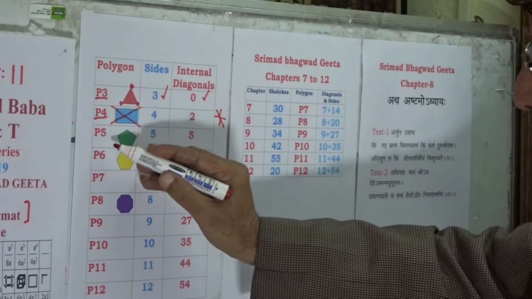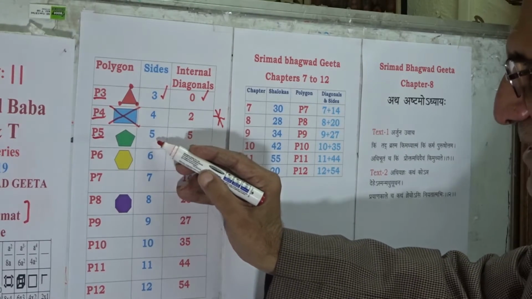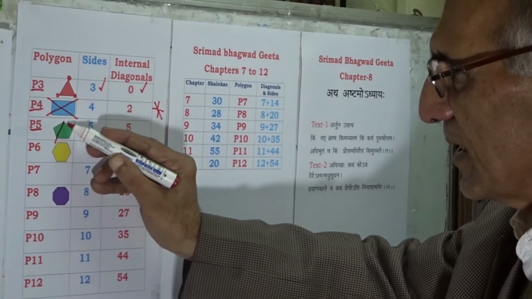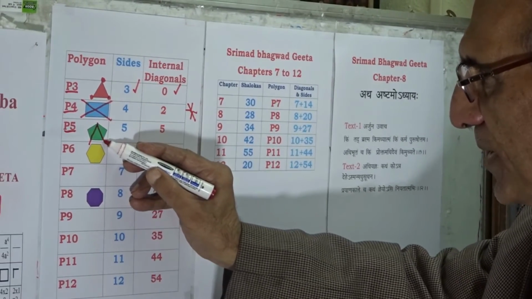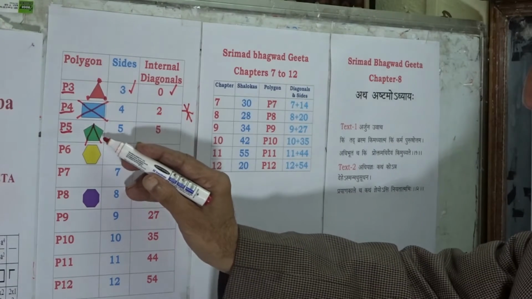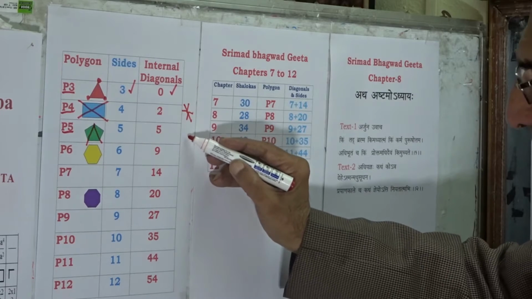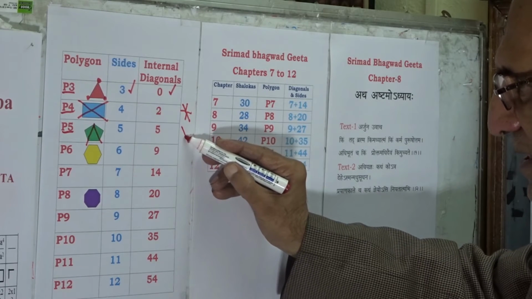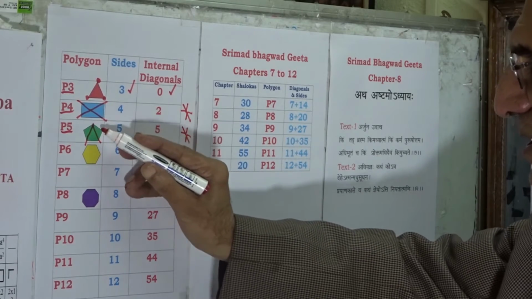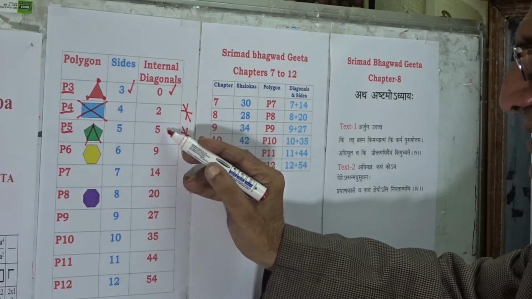A step ahead, polygon 5, there are five sides, and from each vertex there will be a pair of internal diagonals. So 5 multiplied by 2 will be 10, but the pair of orientations for a diagonal will reduce the 10 diagonals into 5 internal diagonals.